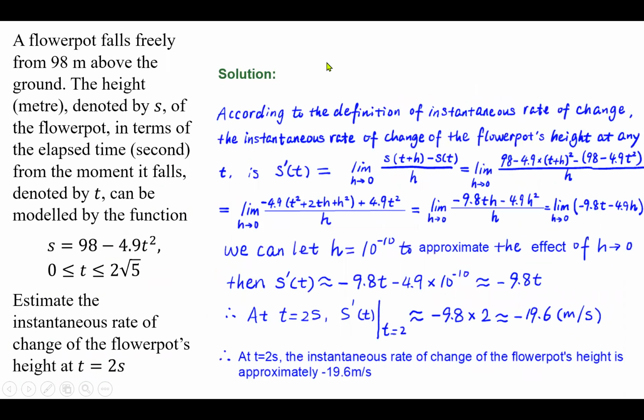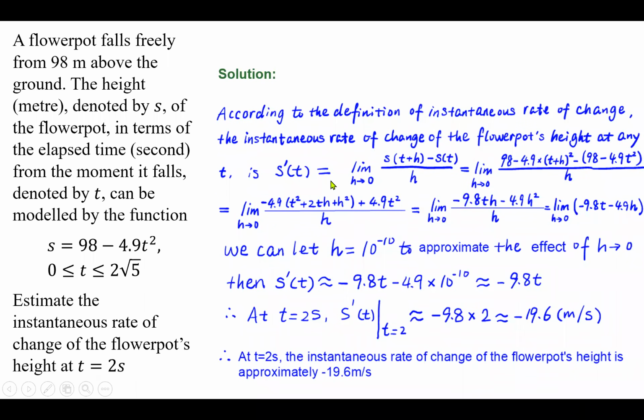Okay, so according to the definition of instantaneous rate of change, the instantaneous rate of change of the flower pot height at any point t is given by s prime of t. So this is the instantaneous rate of change at any time t, right?